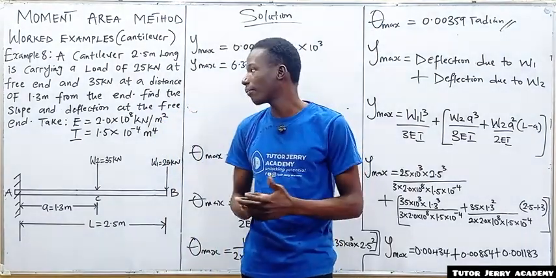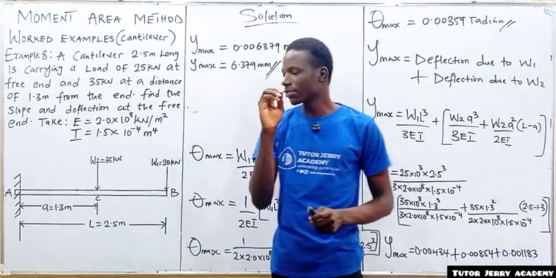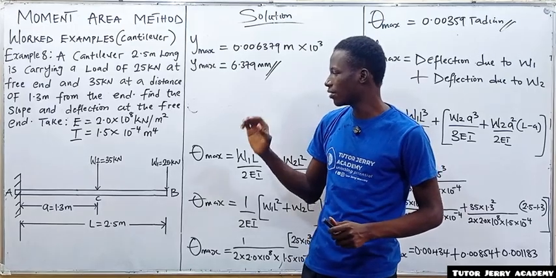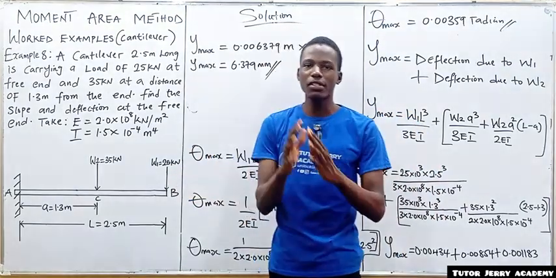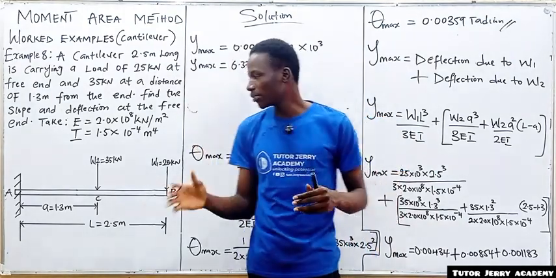It is very simple and straightforward, but very importantly, what you just need to note is the formulas. Just know the cases and know the formulas. This is why it's very important you watch our previous video where we derived all these cases.